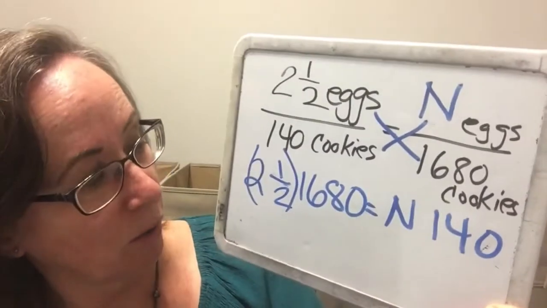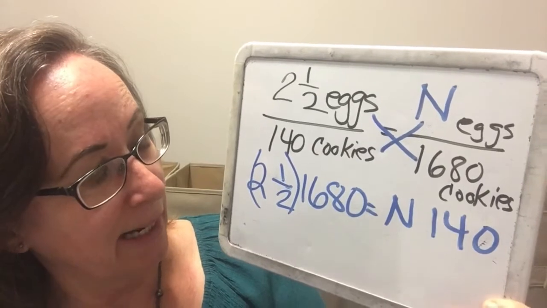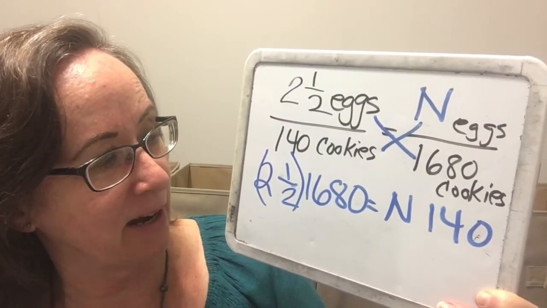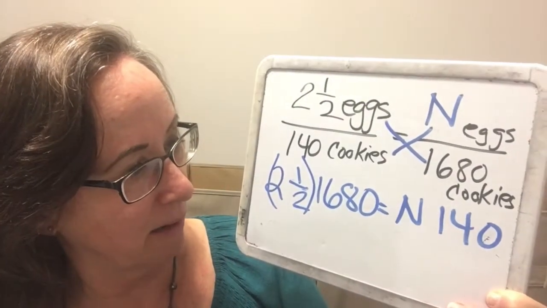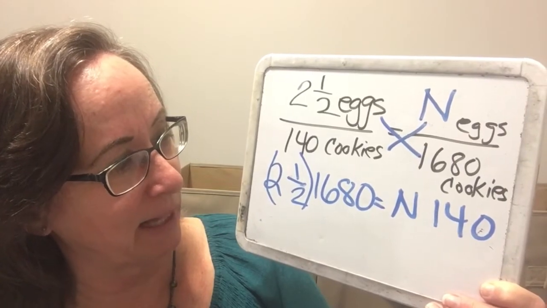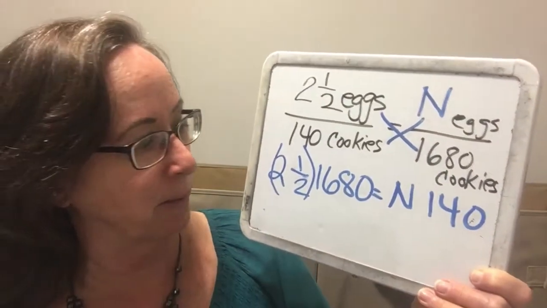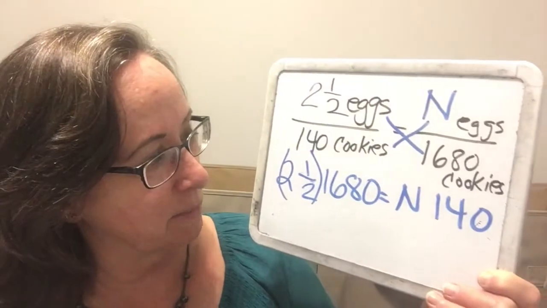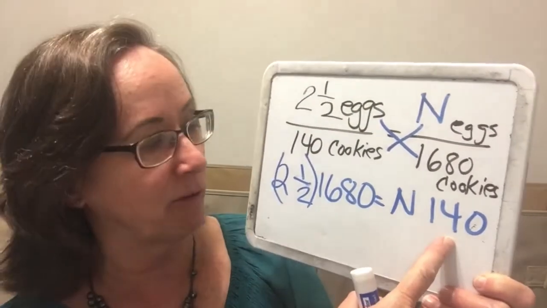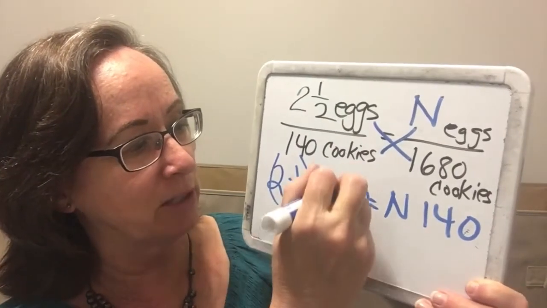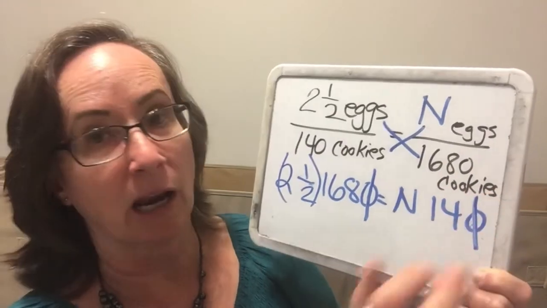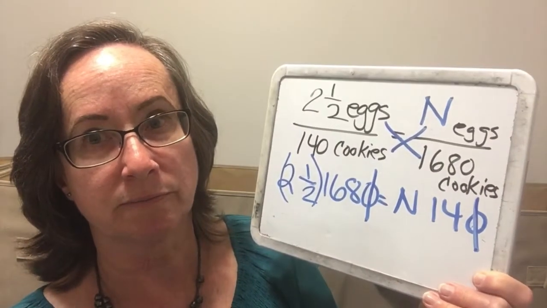Okay, so there's what we're going to have to do. Now, anytime I do a problem like this, I'm going to look for, is there a shortcut? When I look at this, I'm going to say, well, I don't want my numbers to get bigger and bigger and bigger. I want them to get smaller and smaller and smaller. So I think I'm going to take the 140 and the 1,680 and I'm just going to lop off a 0 on both sides.